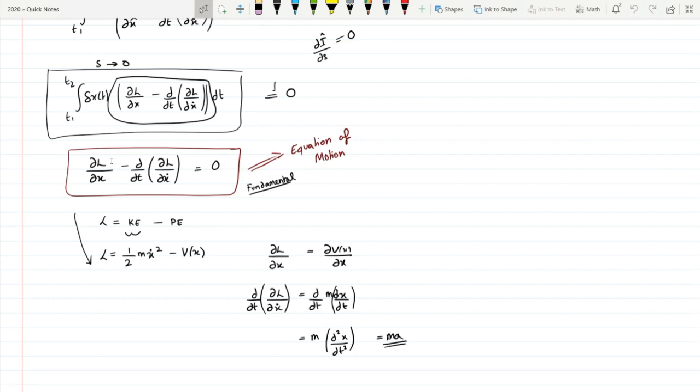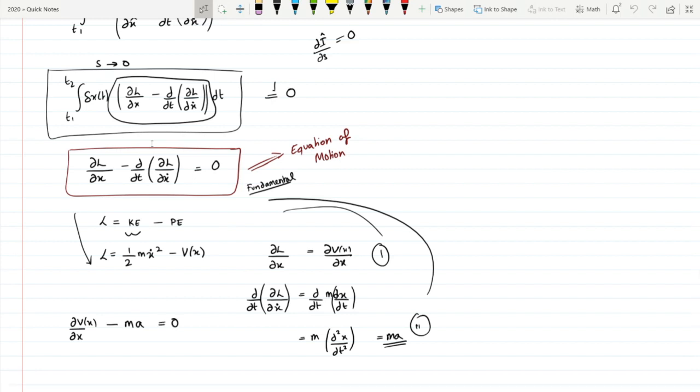And now if I write out what our two results are, this is the first one, and this is the second one. If I write this out in the form that the Euler-Lagrange equations have told us, well, it just says that dV over dx, whatever that is, okay, minus m times the acceleration equals 0.